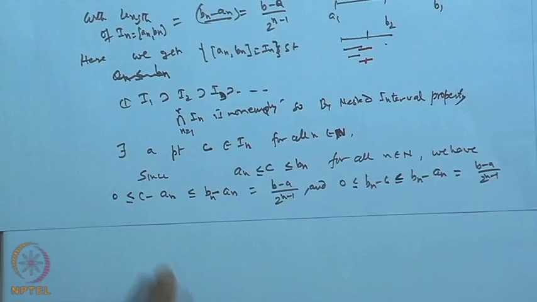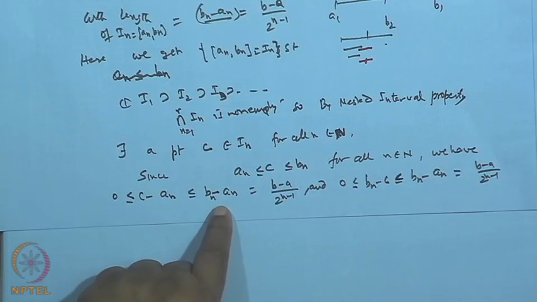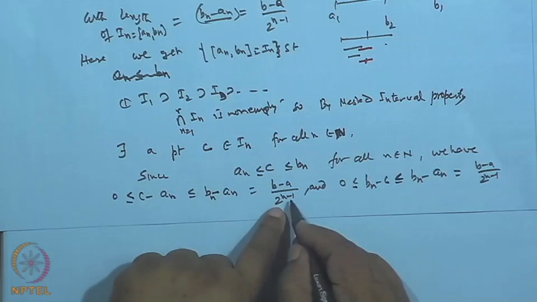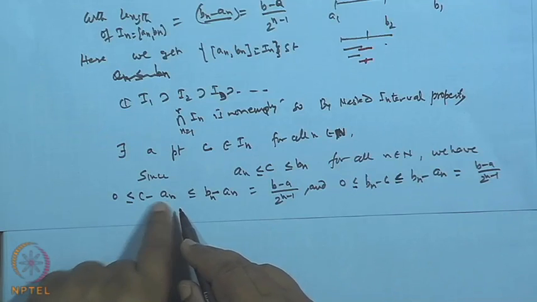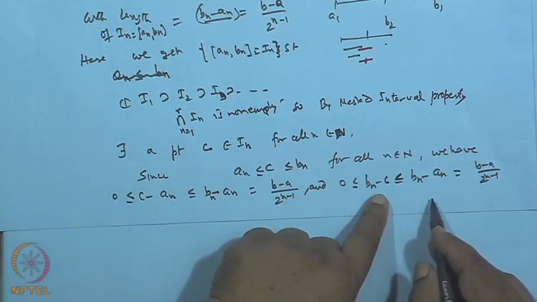This is true. So when n tends to infinity, this is tending to 0, this is tending to 0. So this shows limit of a n is c, limit of b n is c.